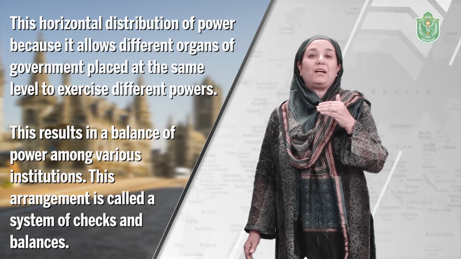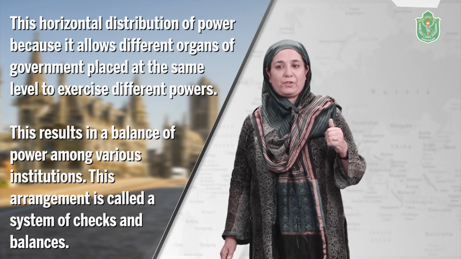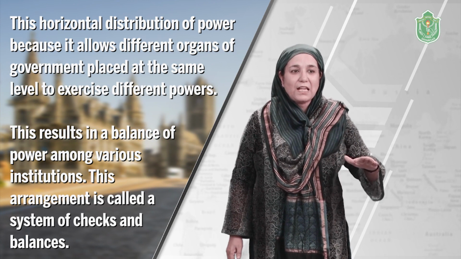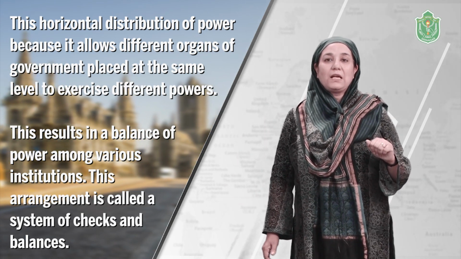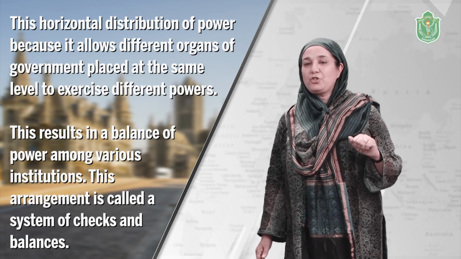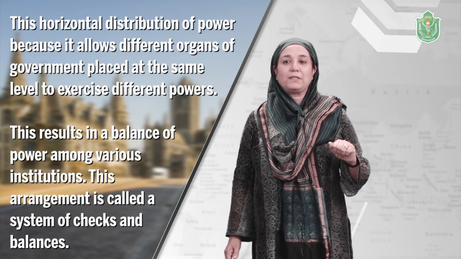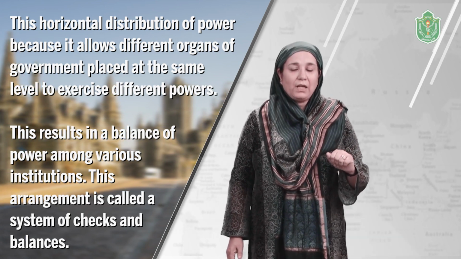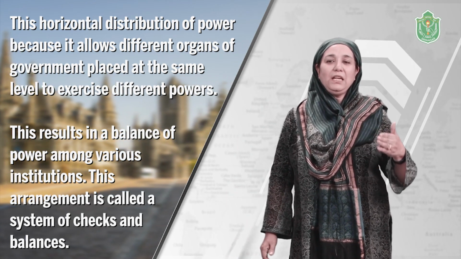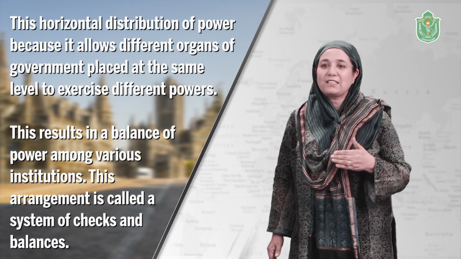Why? Because it allows different organs of government placed at the same level to exercise different powers. Such a separation ensures that none of the organs can exercise unlimited power. What does it do? Each organ checks the others.